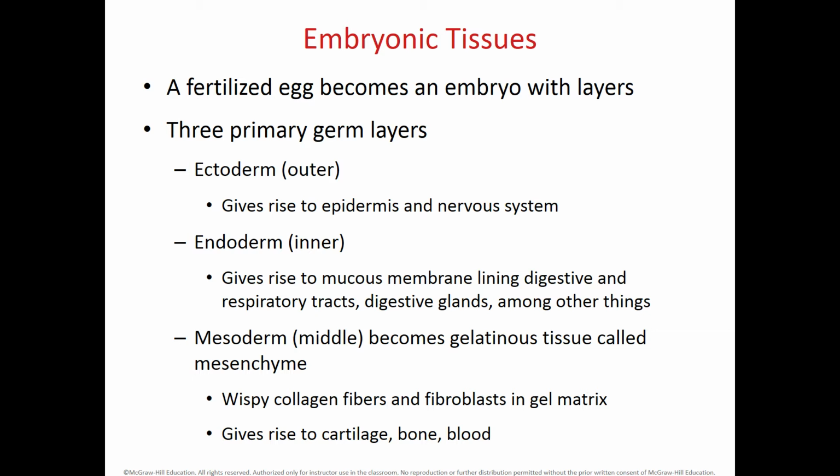And the endoderm is going to give rise to the mucous membranes that are lining the digestive and the respiratory tracts, and also is going to be found in the digestive glands. Now this is one of these key points. So the endoderm is going to give rise to these structures.